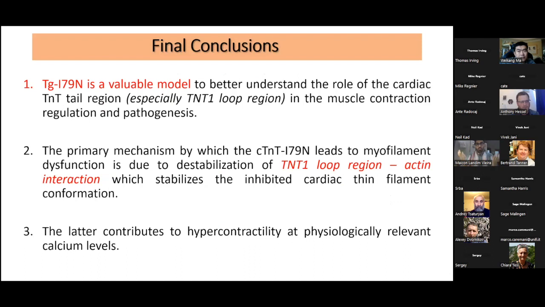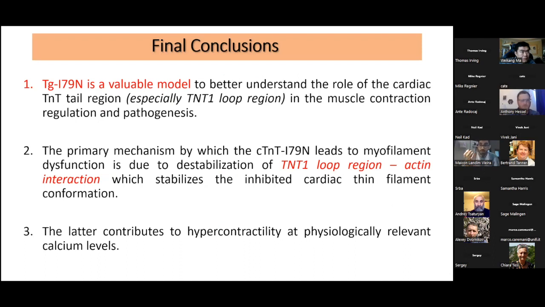So here's what I would like you to take home with you. Those 3 points. One is that this I7-9N animal model is valuable to better understand not only the role of the cardiac troponin T tail domain region in homeostasis, but also in pathogenesis.